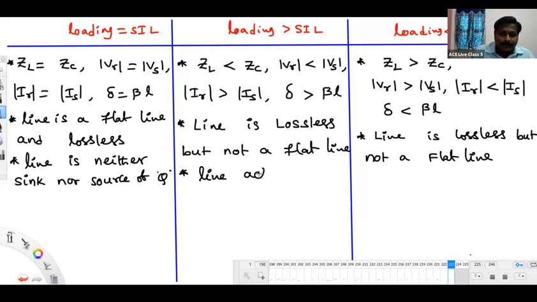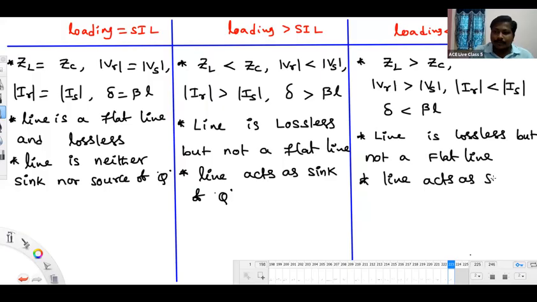Whereas in the other case, the line acts as a source of reactive power. The transmission line is going to act as a source of reactive power.